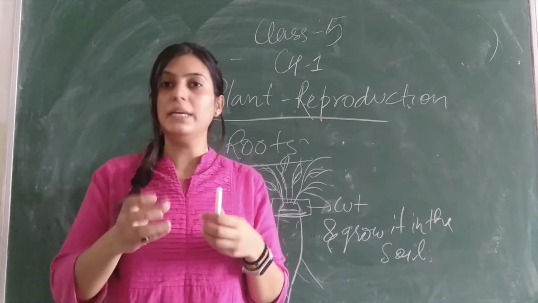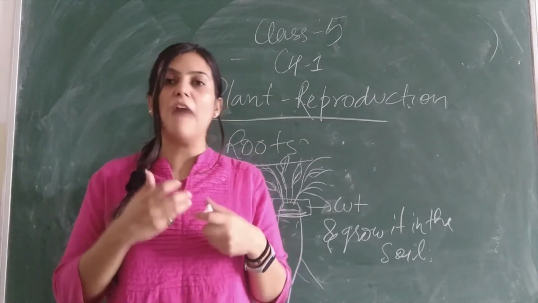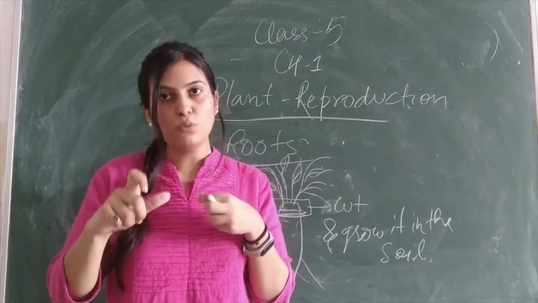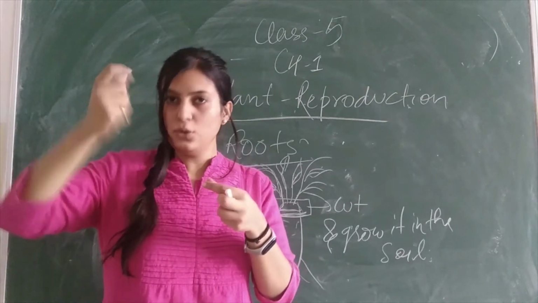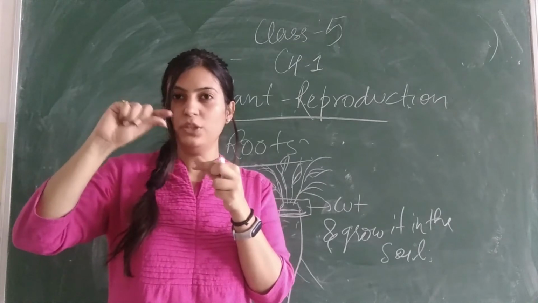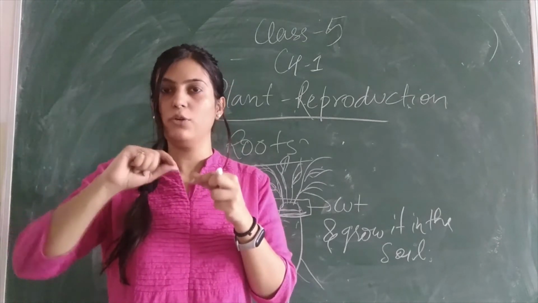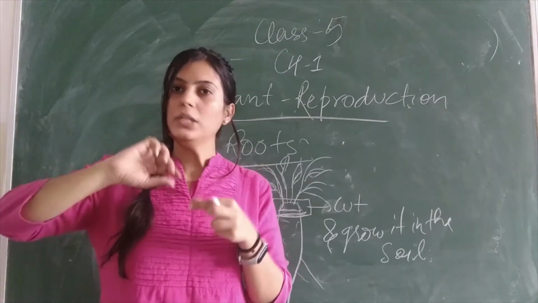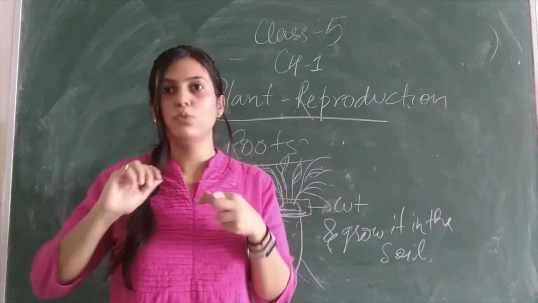For example, money plant. Many of you will have a money plant in your houses. You can do this activity at home also. Cut a root which is growing out of the money plant. Place that into a bottle or a glass filled with water.